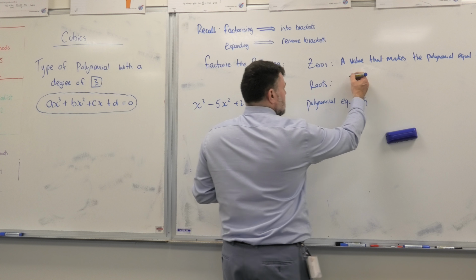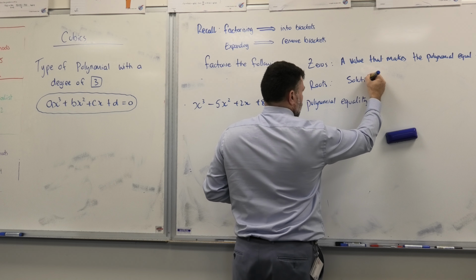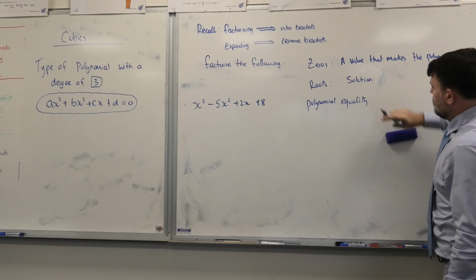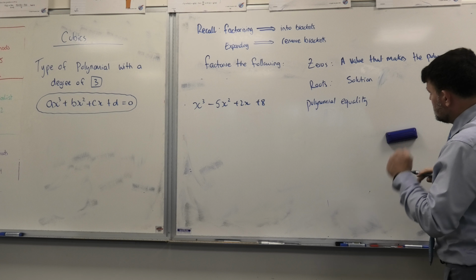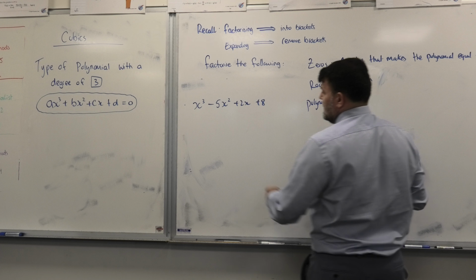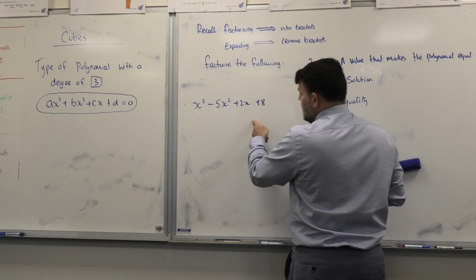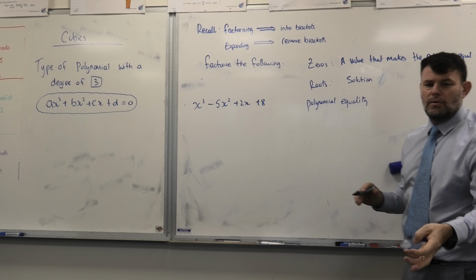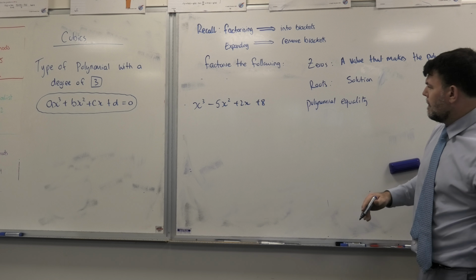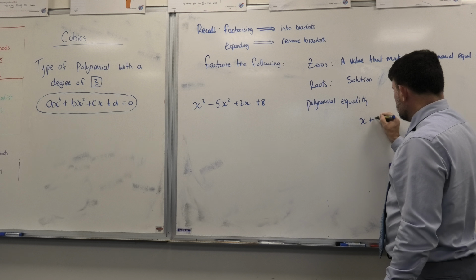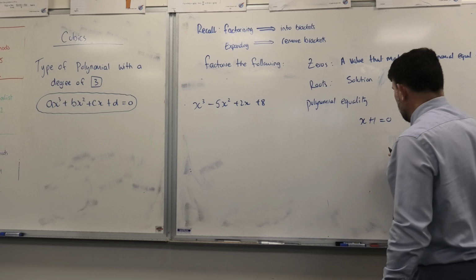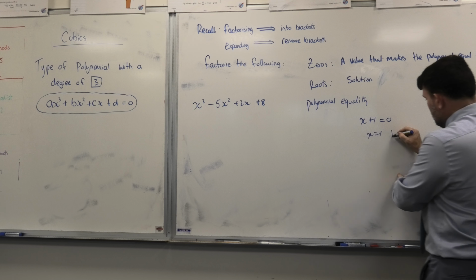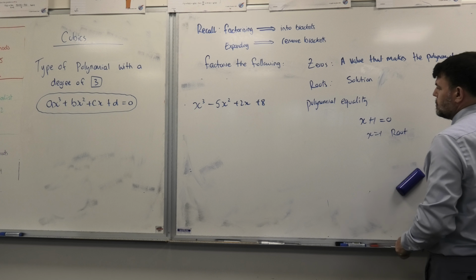A root is a solution to an equation. So for instance, if we plug in 1 here and I get the answer 0, then I would know that 1 is a zero for that equation. If we had x plus 1 is equal to 0, then x equals negative 1 is a root.